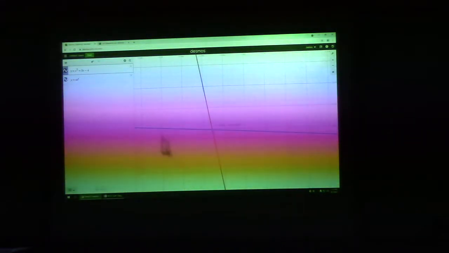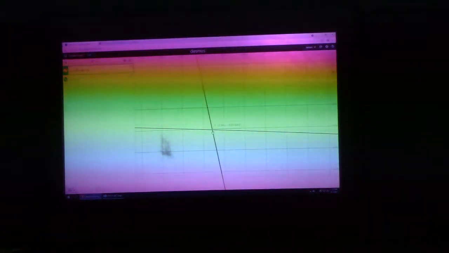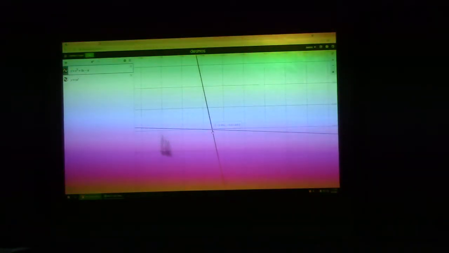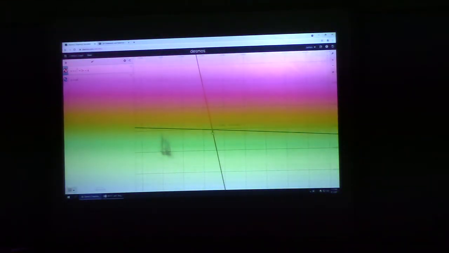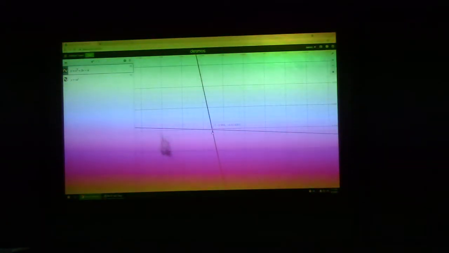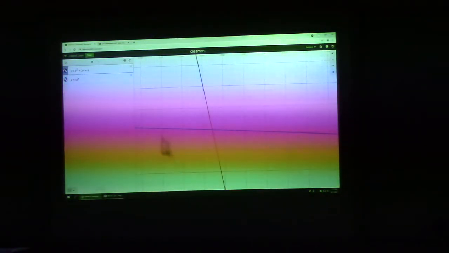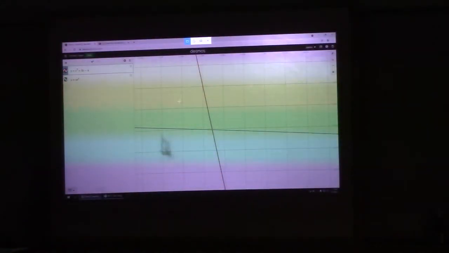So the way I would document that would be to hover my mouse like that, and then take a screenshot, I guess. Although I think if you export the image, it might put the coordinates on there. You can play with that. Oh, see, it's gone.